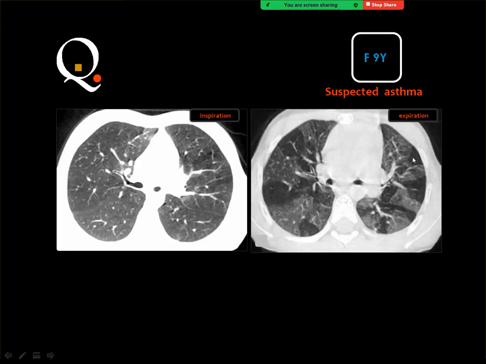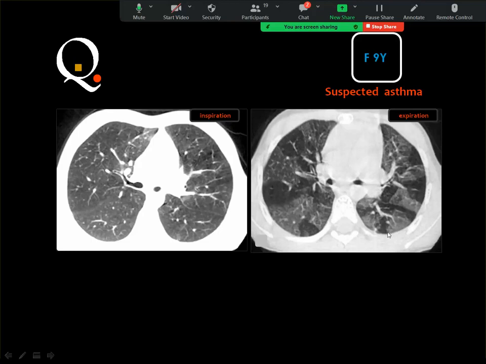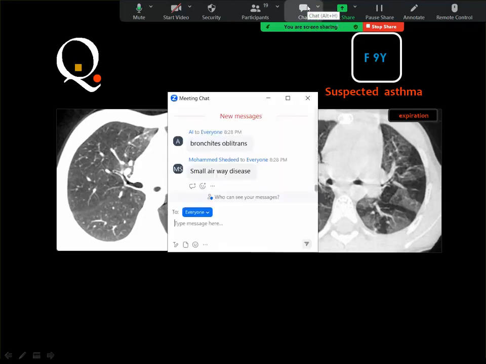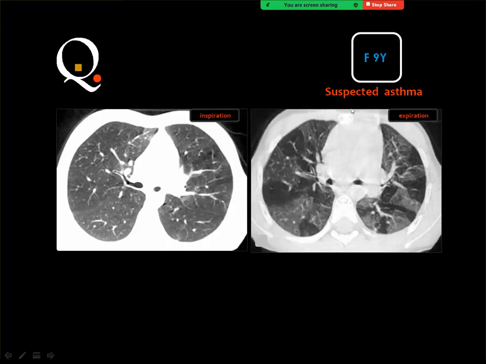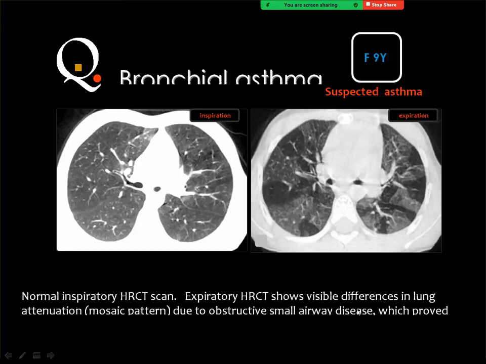The very dark areas represents the areas of air trap. And this is actually diagnostic of small airway disease, and the patient is suspected clinically to have bronchial asthma, which is the most common type of small airway disease in the pediatric age group.